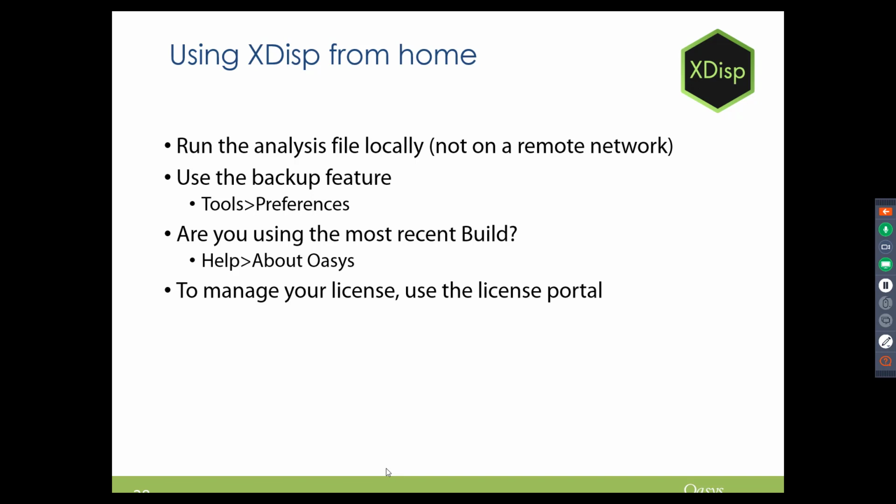Check that you're using the most recent build. We fix the software regularly, and that is available from help about Oasys. To manage your license, for those using network licenses specifically, please use the license portal. More information about that is available on our website as well.